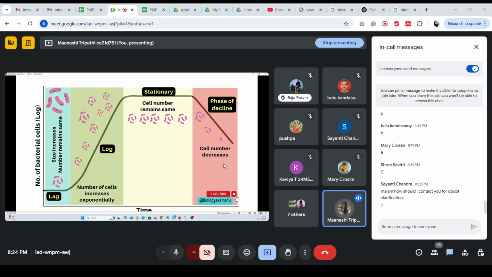If this environment is given, the bacteria will exactly follow this curve. At the end, they will die because of lack of nutrients. The bacteria keep consuming the nutrients, so the nutrients reduce, eventually they eat up each other, and the number of bacterial cells decreases.